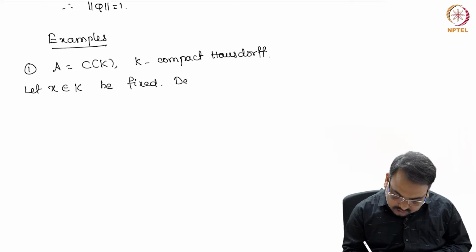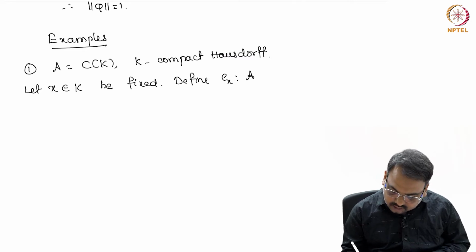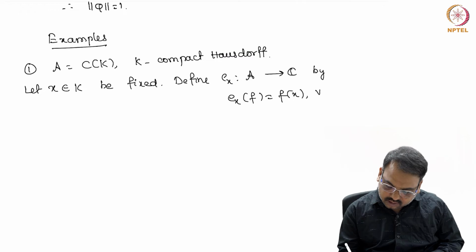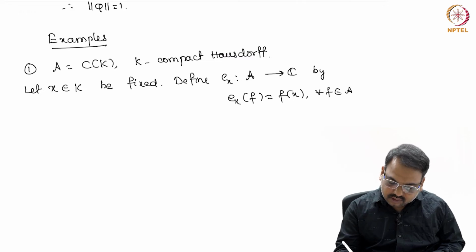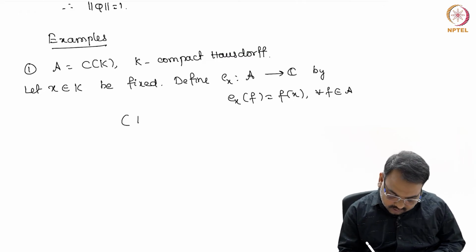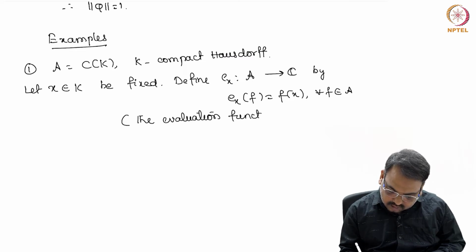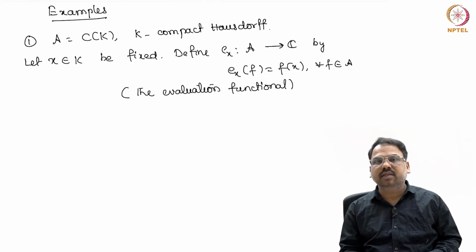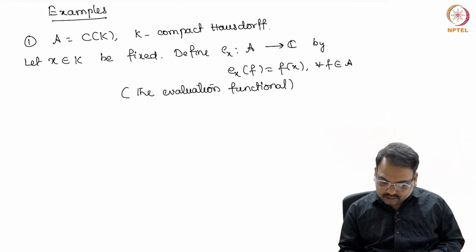Define e suffix x from A into C by e_x(f) = f(x) for every f in A. This functional is known as the evaluation functional. We can easily show that it is linear and it is also multiplicative.